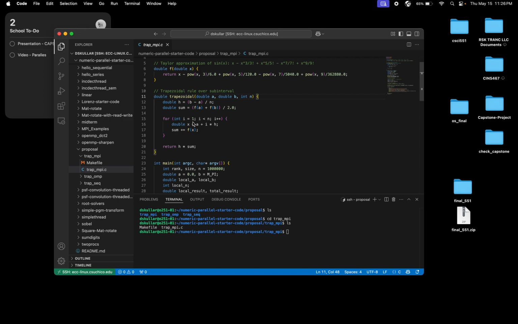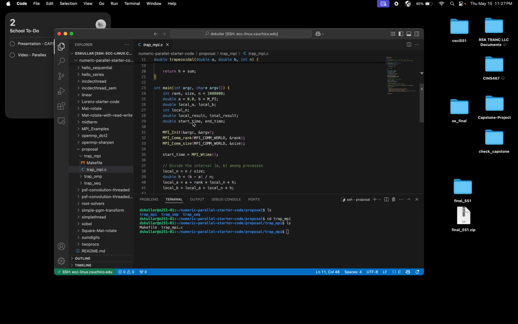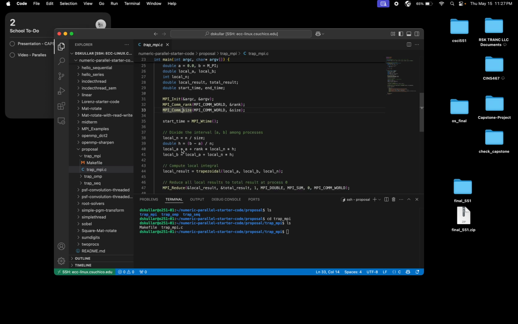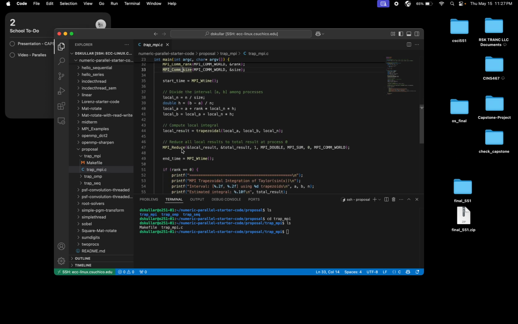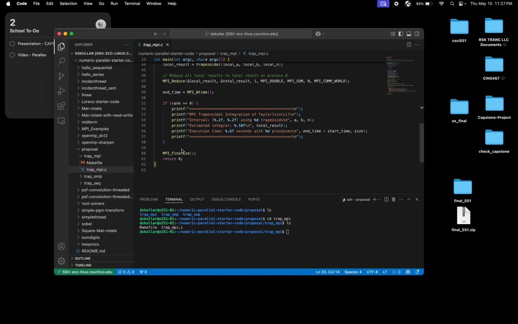Some other key parts of the code: we initialize MPI, and we get each process's rank and the total number of processes. And then we get the execution time and the results. Let's run this code and see what we can get.